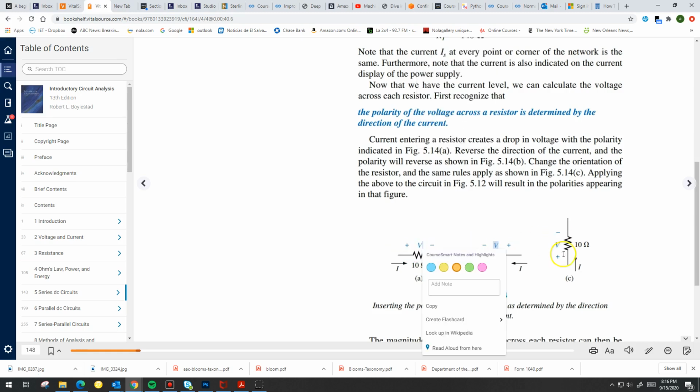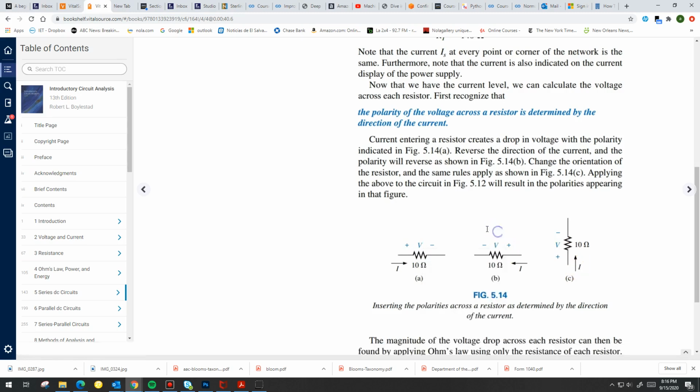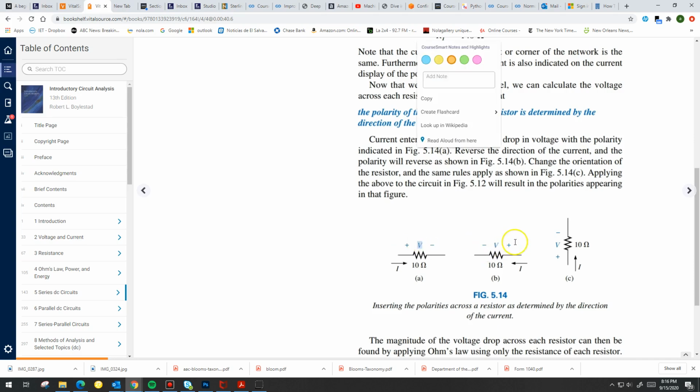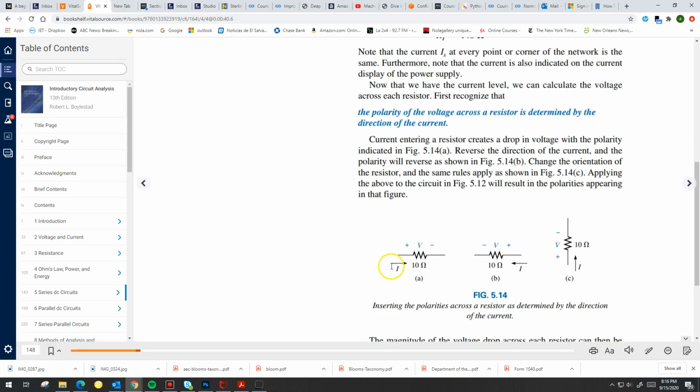If I know the polarity, I know the direction of the current, and you should be able to deduce that from the figures. Given these three polarities, you should come up with the direction of the current.